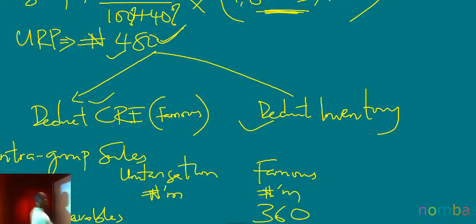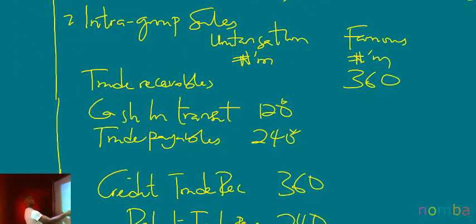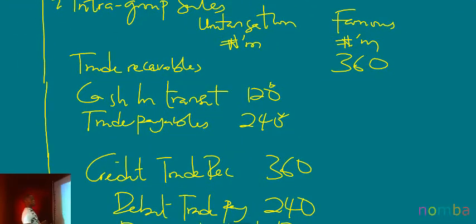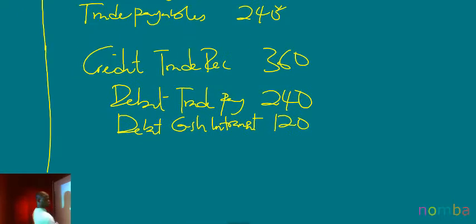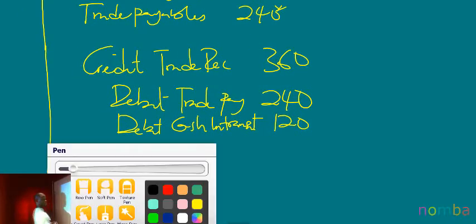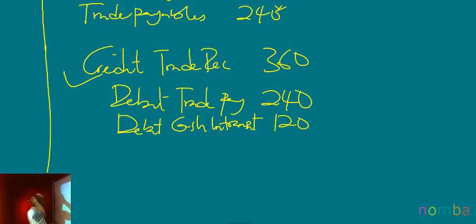And finally, which was our final working here, was the intragroup sales, which we said we will deduct from trade receivables. Then we'll add to cash in transit. So let's deduct from trade receivables. That means you will deduct 360. That leaves me at 12,720.